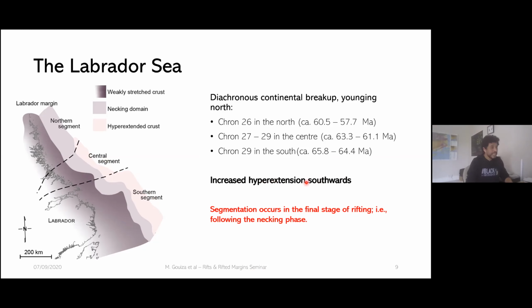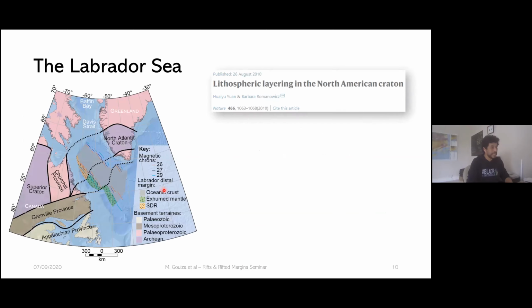And this segmentation occurs across these inherited structures that define distinct pre-rift segments.